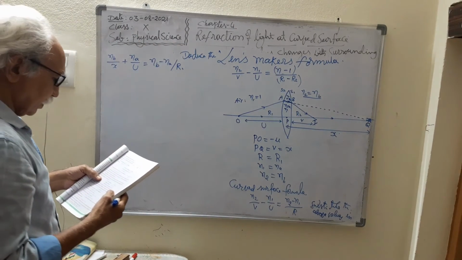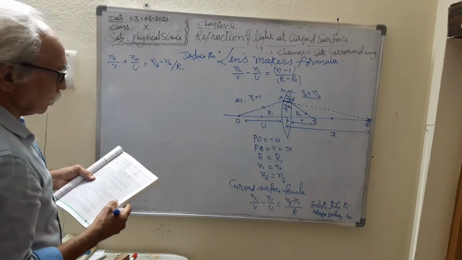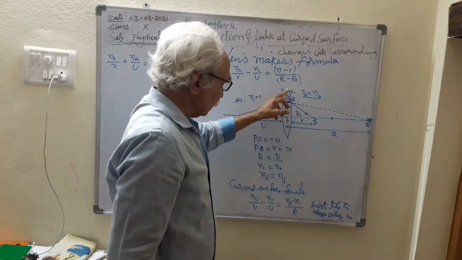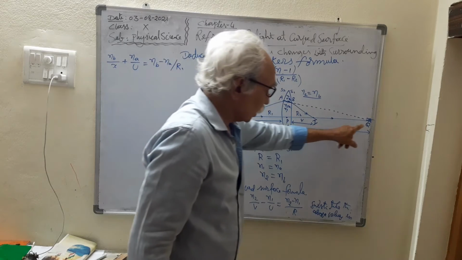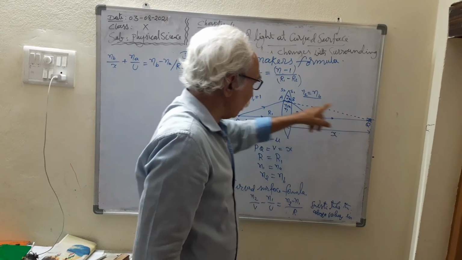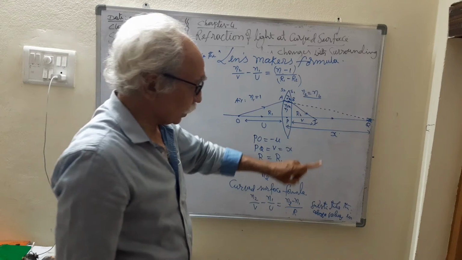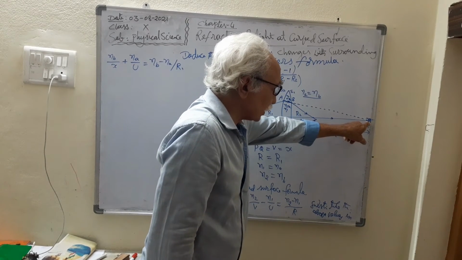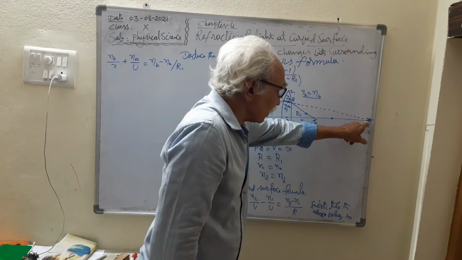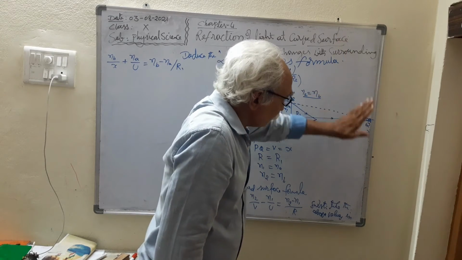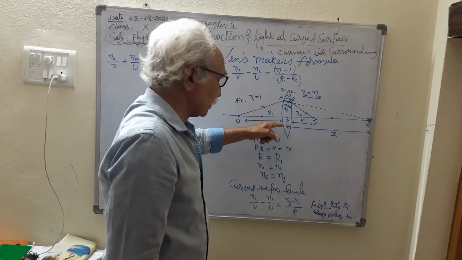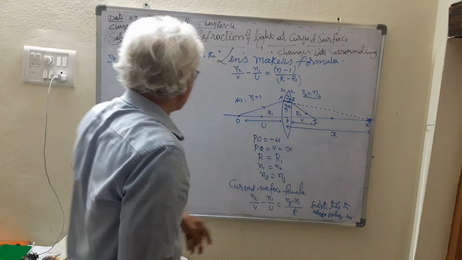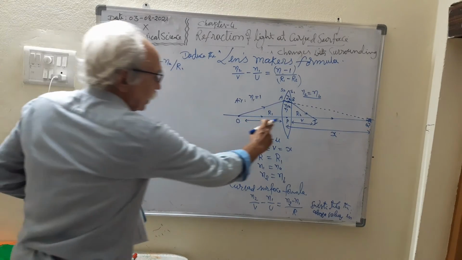So in this case, U is equal to PQ, because for the second surface refraction, the image Q acts as an object to the lens. Remember, this is important. Q is the expected image, and that image acts as an object to the second surface.